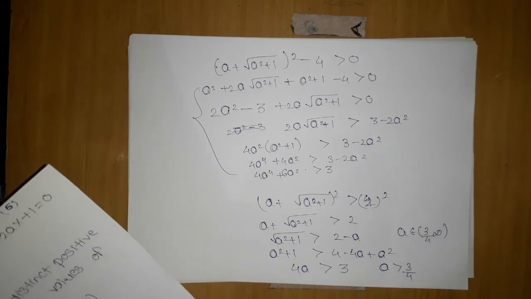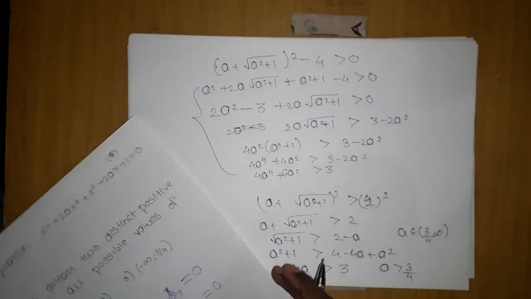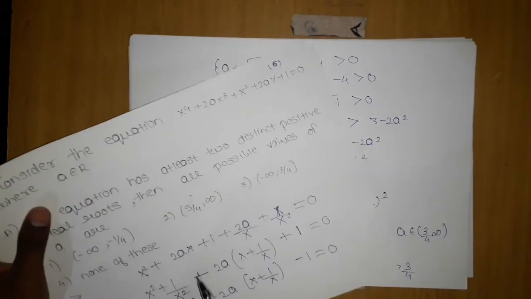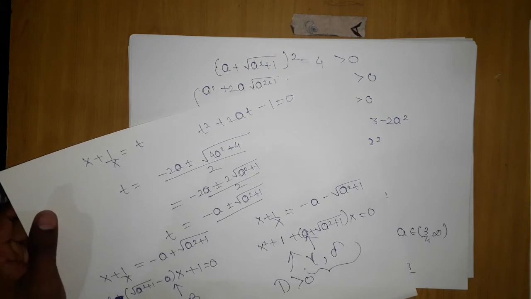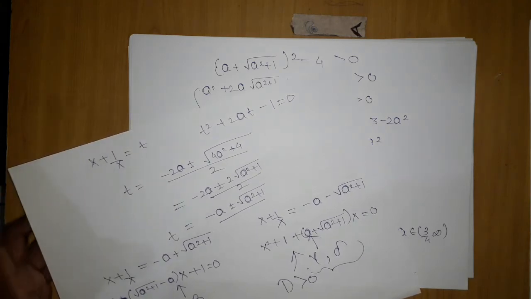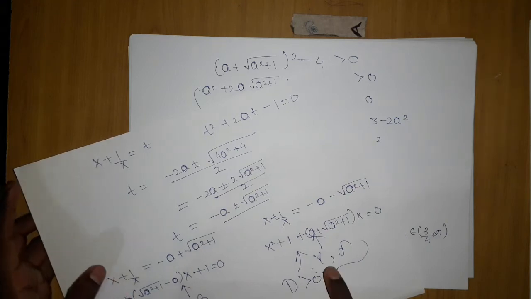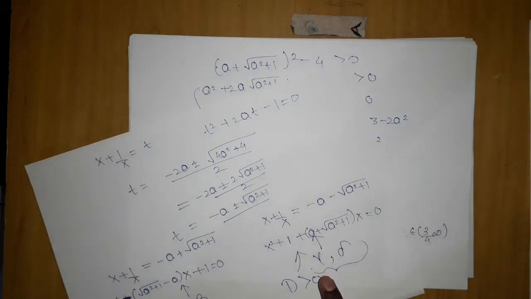So we haven't made any silly mistake, because it's from 3 by 4 to infinity, and there is no such option. This thing was right. Then we took it as t, and then we took it as a. It was negative, this became positive, and we wanted positive roots. 3 by 4 to infinity.